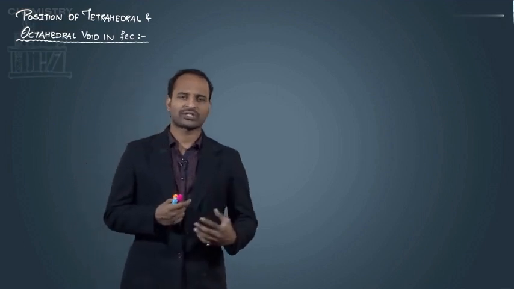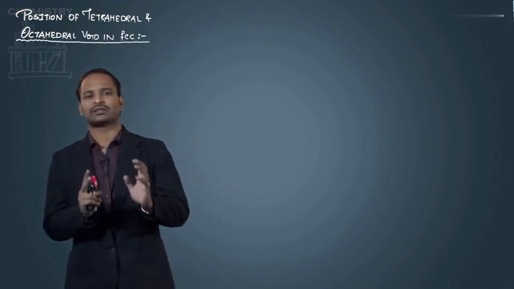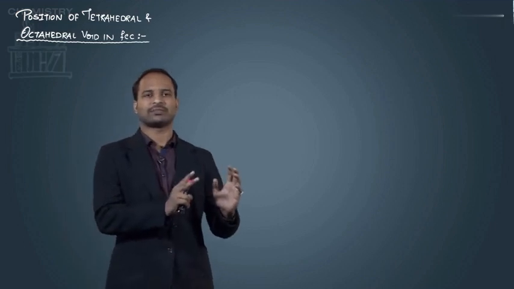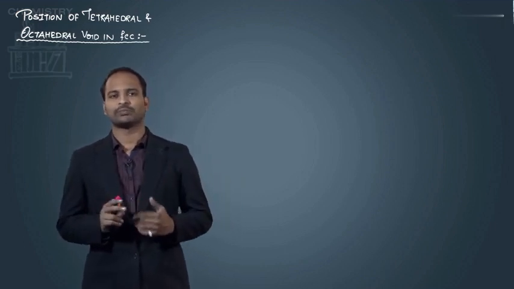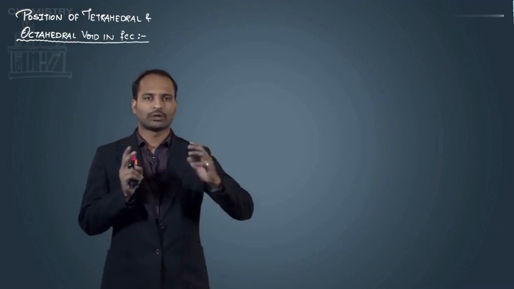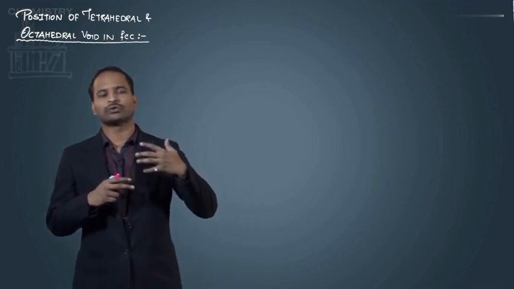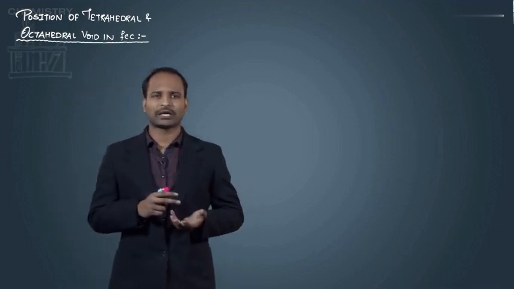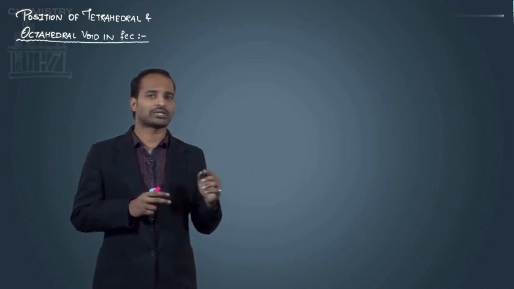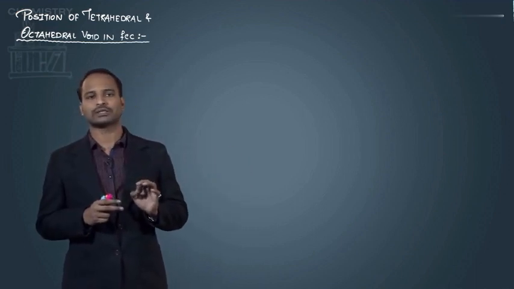For this chapter, the FCC packing, that is ABC type packing, is more important than AB type packing. Here in this chapter we are going to learn more and more about the FCC packing, because throughout the chapter we are talking about only the cubic crystal system.